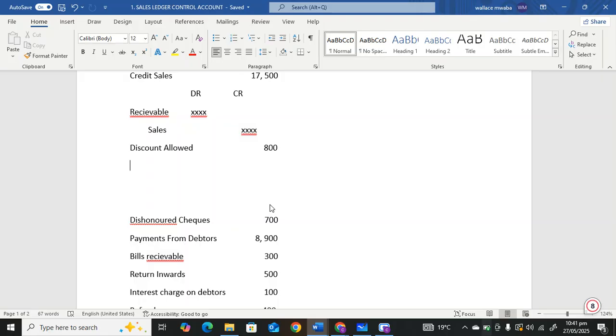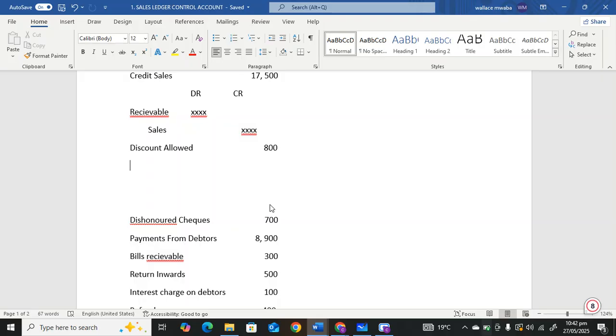What is the purpose of a discount allowed? This is a cash discount. What is the purpose of a cash discount? It means to encourage quick payment.